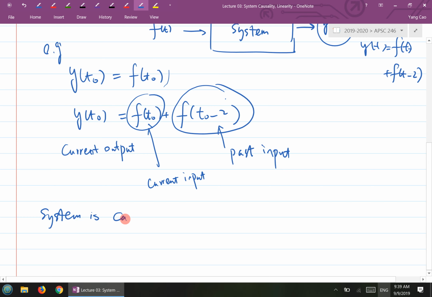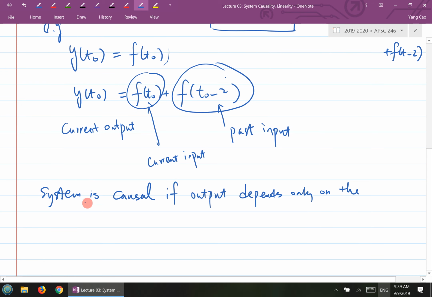So the idea here is a system is causal if the output depends only on the past and or current inputs.